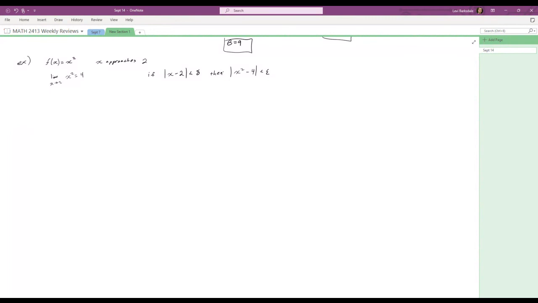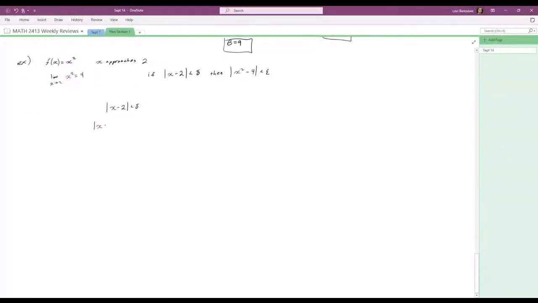Okay. Well, this might be a bit tricky. All right. How did I do this? So I'm going to start by saying, let's start with our x minus 2 is smaller than delta.